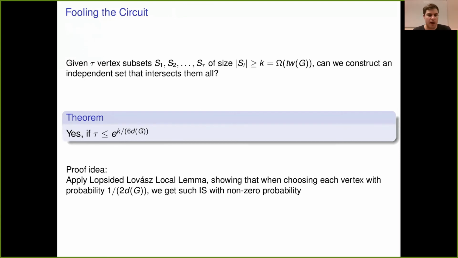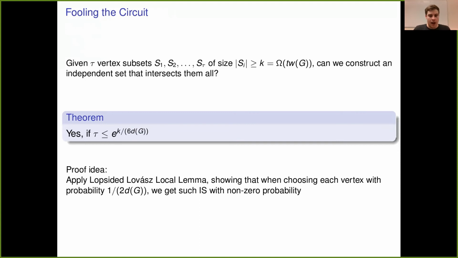Basically, the proof idea here is to use the lopsided Lovász local lemma, which is a probabilistic tool for showing that there exist some solutions in spaces where we have a lot of independencies.